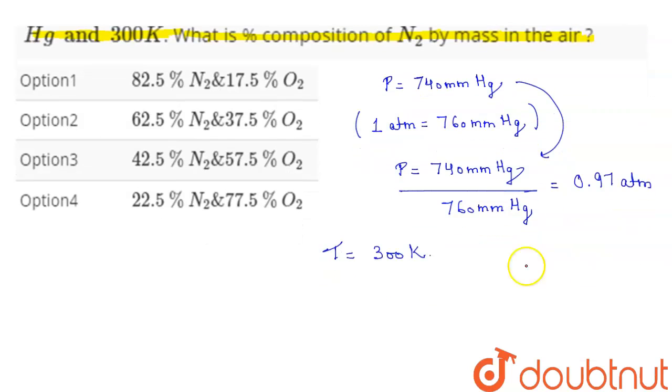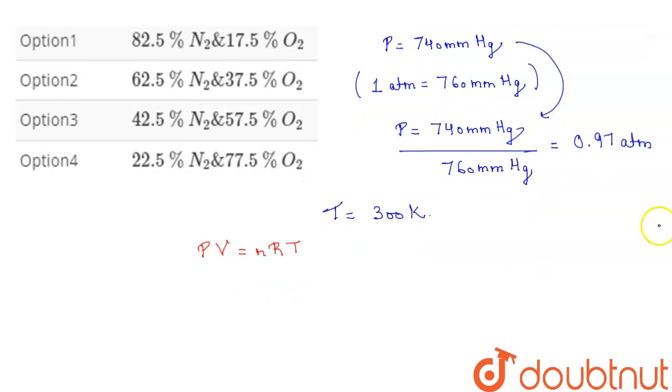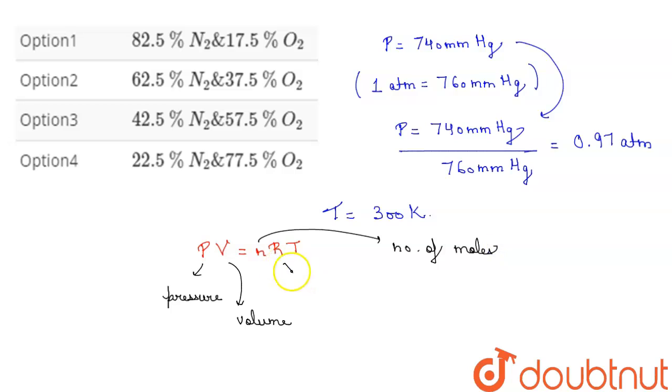Now moving forward, we know that the ideal gas equation is PV equals nRT, where P is the pressure exerted by the gas, V is the volume occupied by the gas, n is the number of moles of the gas, R is the universal gas constant, and T is the absolute temperature of the gas.